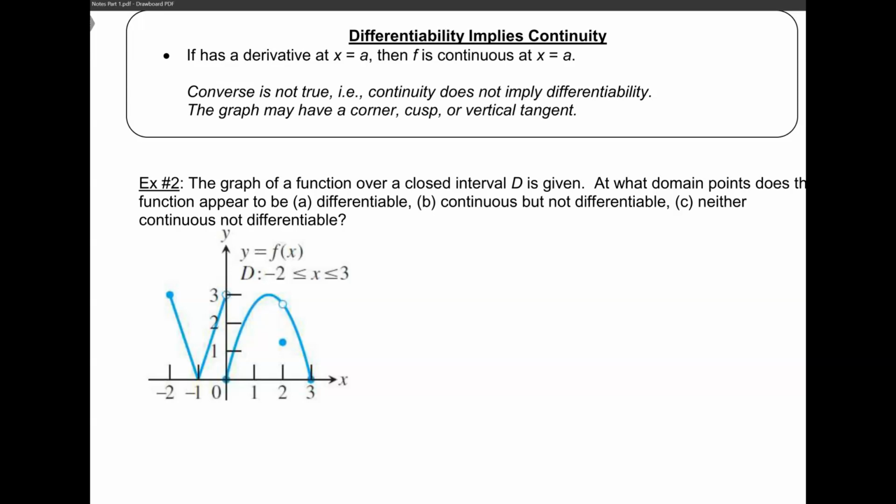Okay. So differentiability implies continuity. If something's differentiable, it means it's continuous, but the converse is not true. Just because something's continuous does not mean it's differentiable.